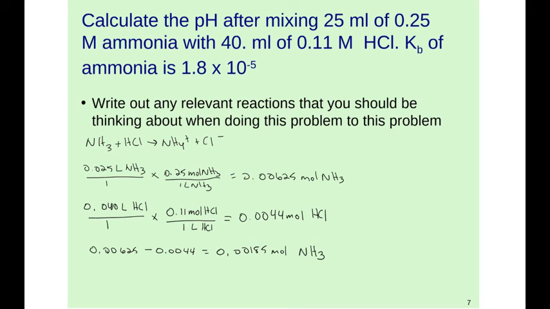And NH3 is a base. We're trying to find the pH. That's a base, but it is a weak base. So if we want to figure out the pH and we have a weak base, we need to know our concentration at the equilibrium, which means we need a RICE table.